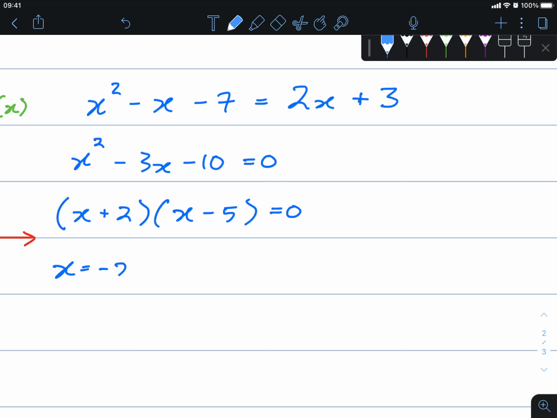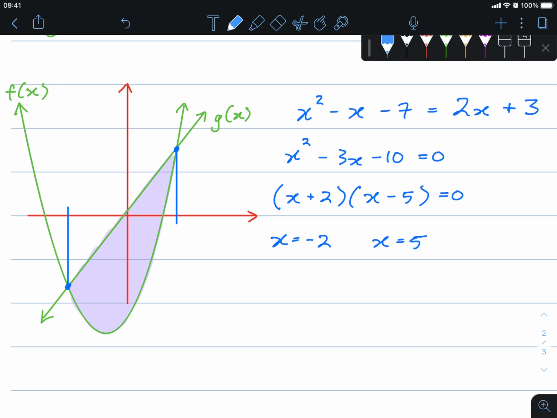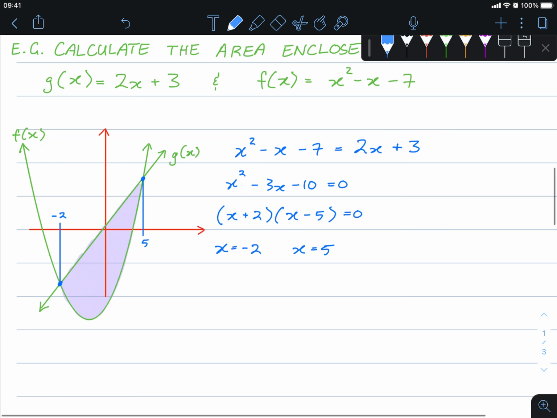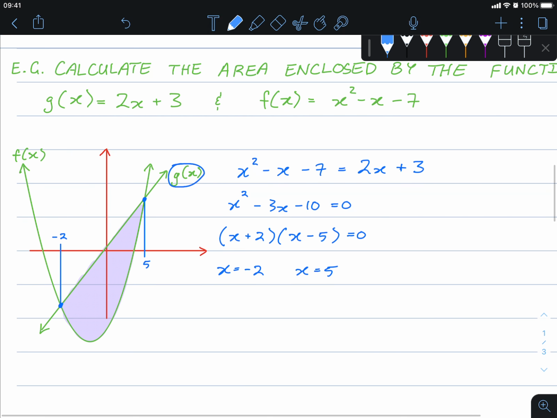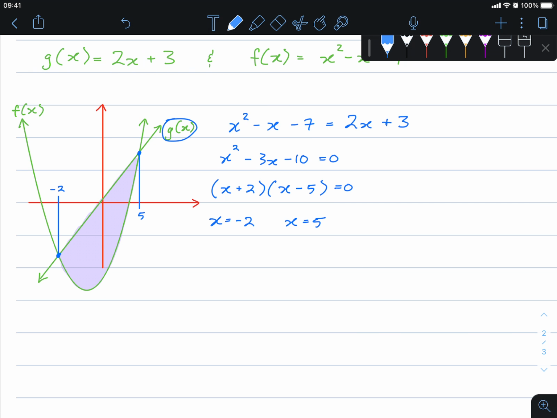Skipping the solution, we get x equals negative 2 and x equals positive 5. So the interval we are integrating on is from negative 2 to 5. Now we must be mindful that g of x is always above f of x along the interval. So it's the line 2x plus 3, so let's now calculate the area.